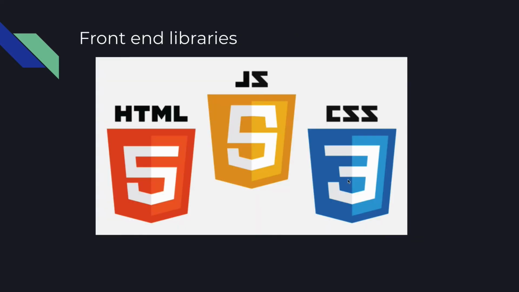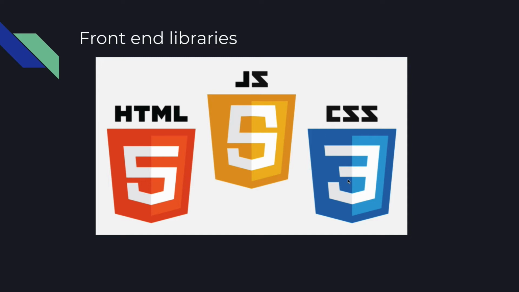In terms of front-end libraries, HTML, CSS, and JavaScript are mainly used to construct the user interface of the application. HTML stands for Hypertext Markup Language, which builds the skeleton of the website.